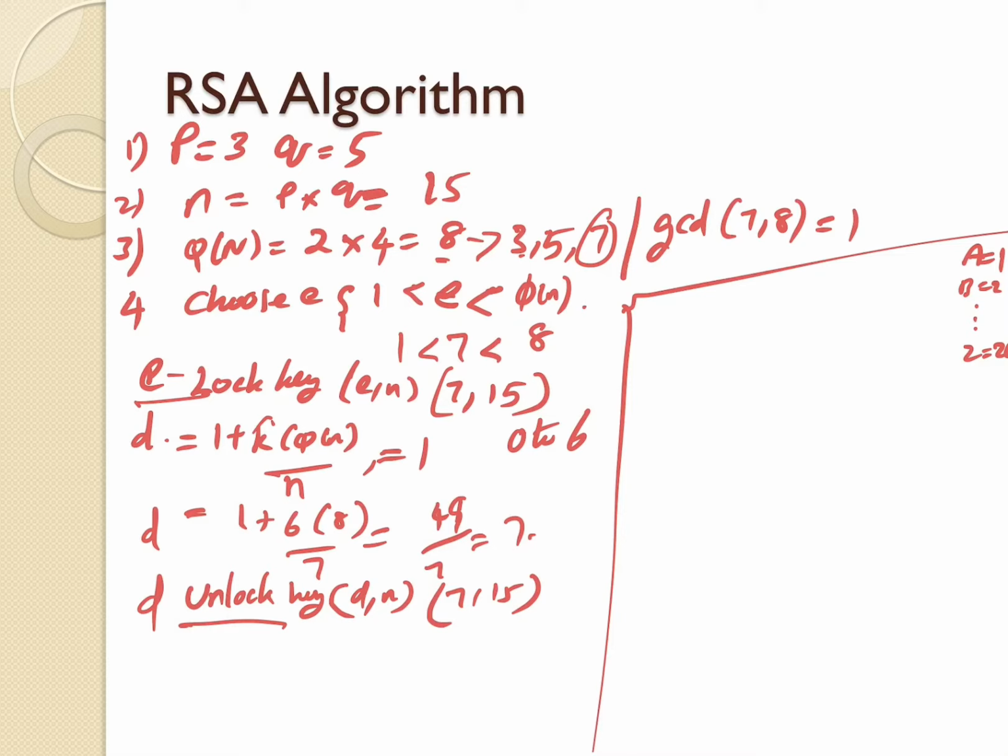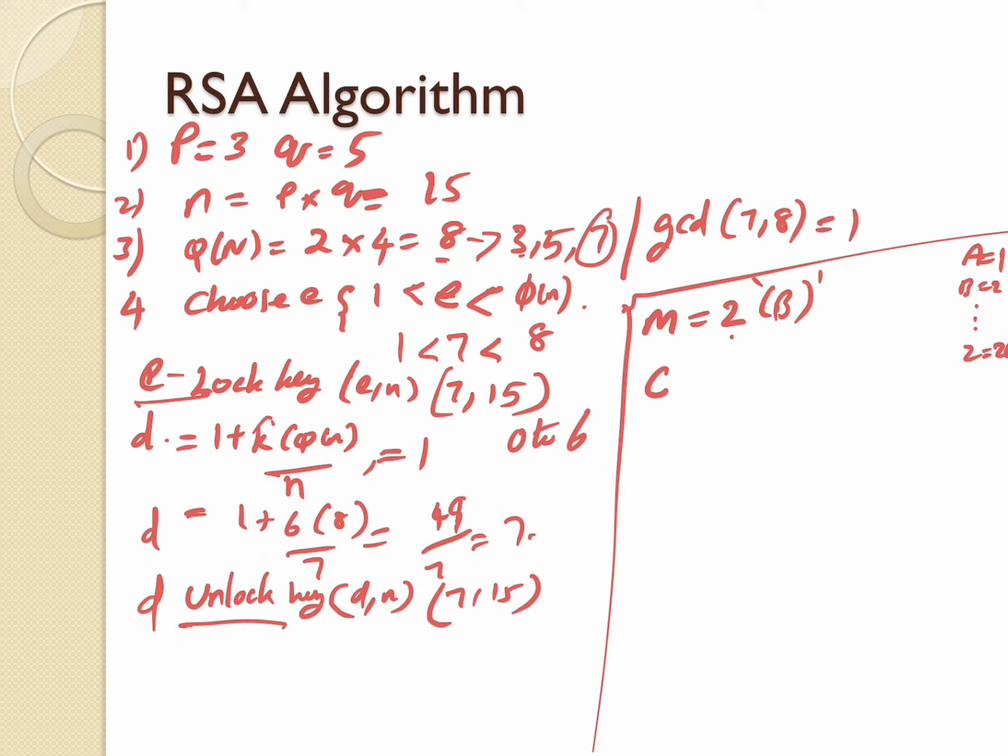For the encryption process, the message is 2, that is, I'm taking the letter B. Just don't get confused.